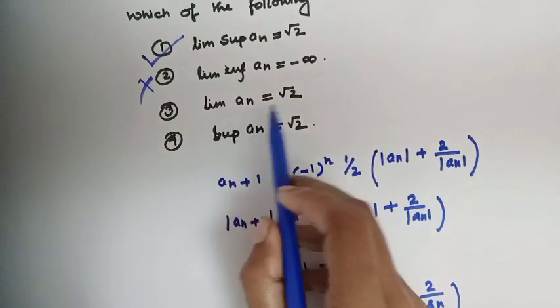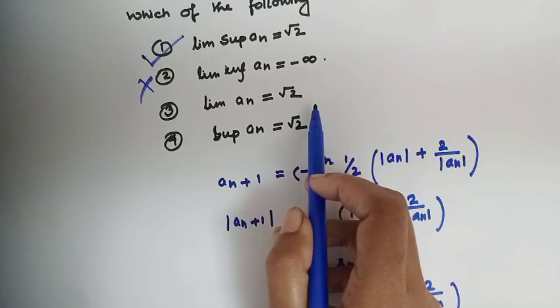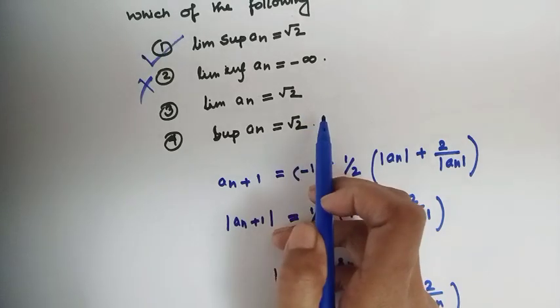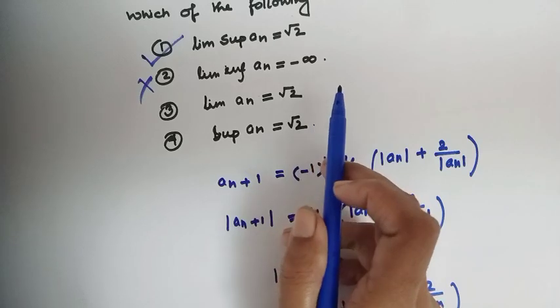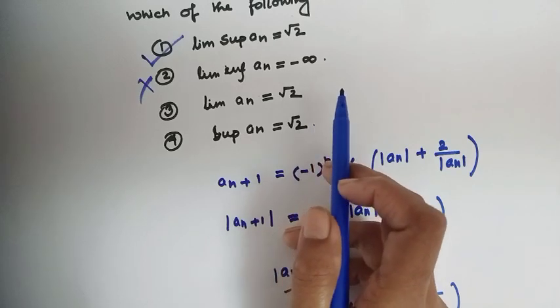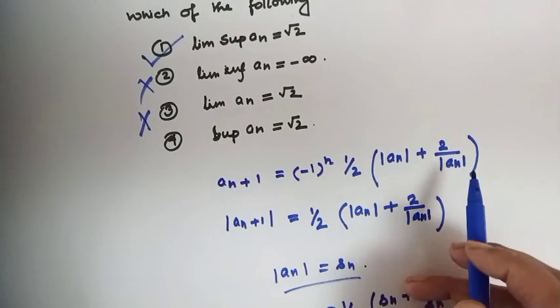Here the limit of a_n equals the square root of 2. Is this correct? Since here I have got two subsequences, the sequence cannot converge, so this option is also wrong.